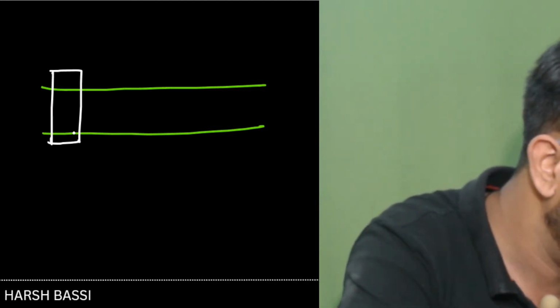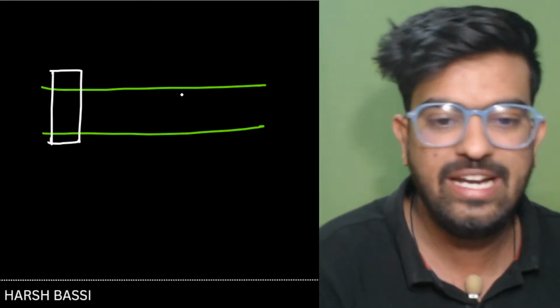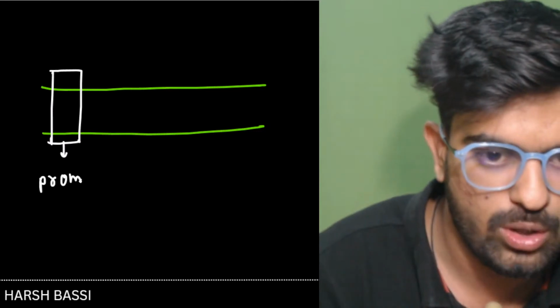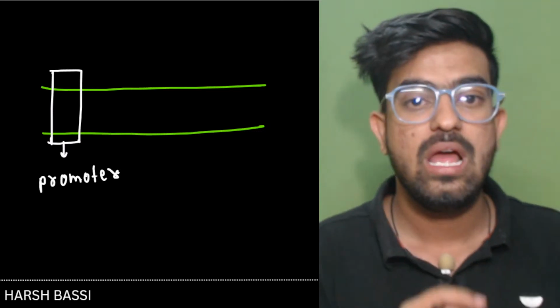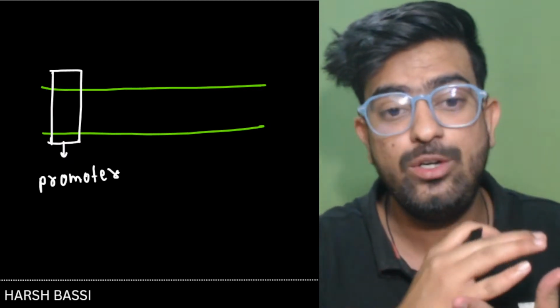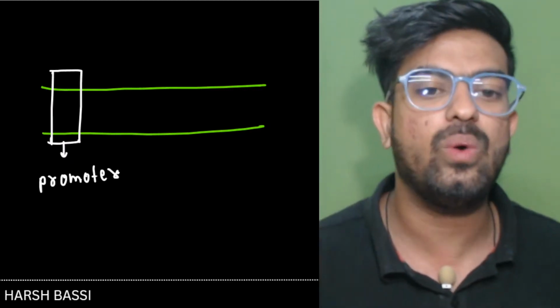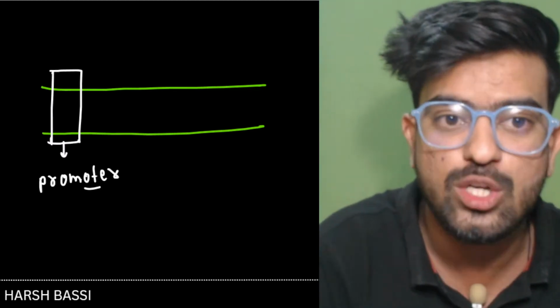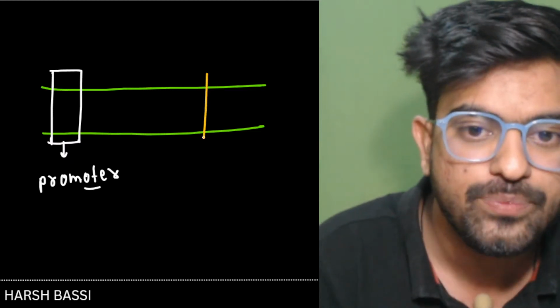So here we need a promoter box. This DNA dependent RNA polymerase doesn't know how to start and doesn't know how to end. To start it needs help with the promoter, and to end it needs help with the terminator.